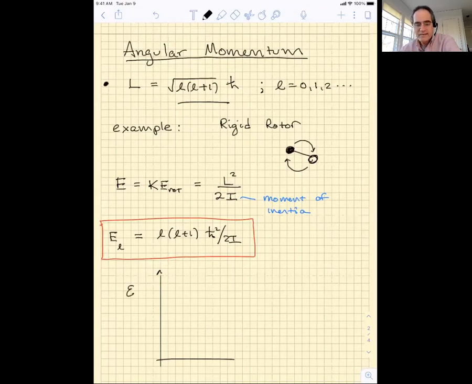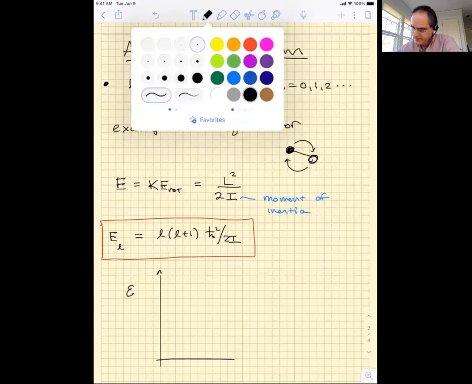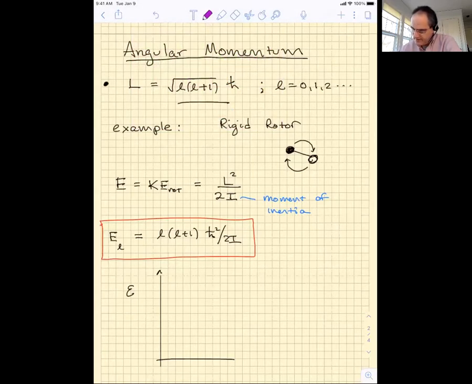Here, we can make a sketch of the energy levels of the system. The lowest energy state is the state that has L equals 0. And of course, that has energy 0. The next state is the state with L equals 1, okay?